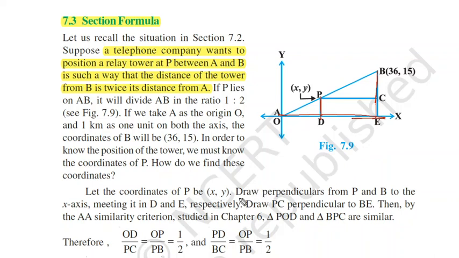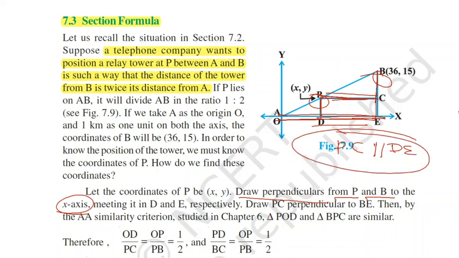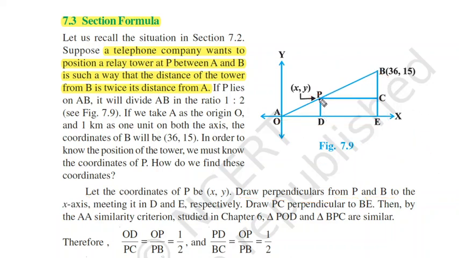We draw perpendiculars from P and B to the x-axis, which is OE, and we also have to draw PC parallel to the x-axis. So we draw PD and BE perpendicular to the x-axis, and we draw PC parallel to the x-axis.